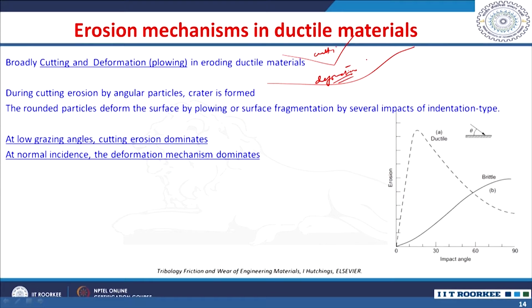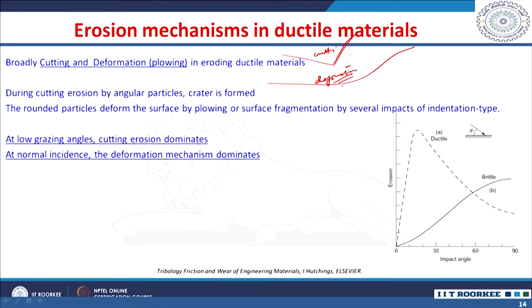indentation type. So, if the particle after cutting goes in a forward direction, generally the material is removed as a chip, whereas if the particle cuts and then rolls back, it leads again to lip formation.